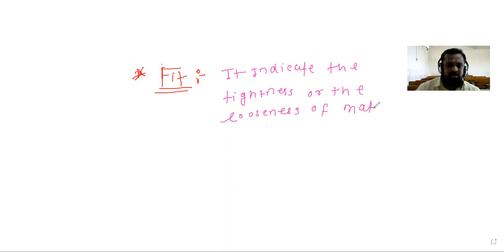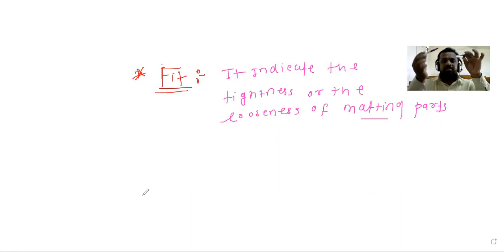What is meant by mating? Mating parts. Okay, for example, I will take the example here. Suppose this is the hole, and I have taken this pen for the example purpose. Now say this is the hole, and suppose this will be the shaft.